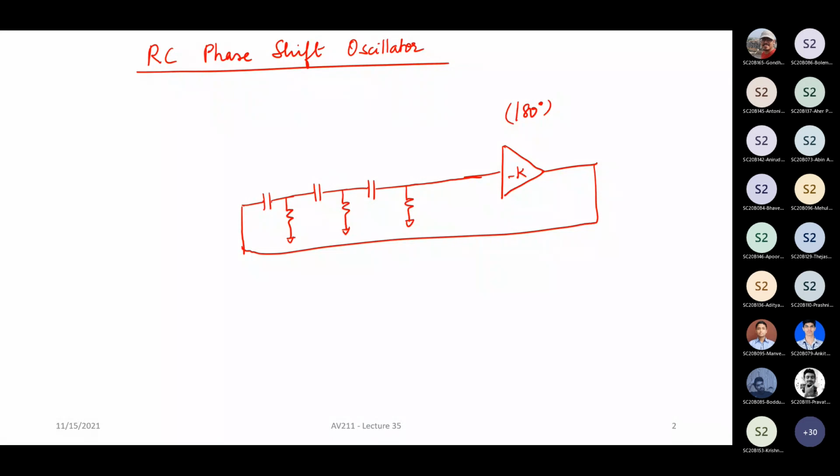Okay. Now, all of them are, let's say, a C, R, C, R network with a negative gain amplifier. Now, what will happen? So, even without going into the mathematics of it, intuitively, first try to understand this particular circuit, right? What is the understanding that is required here?